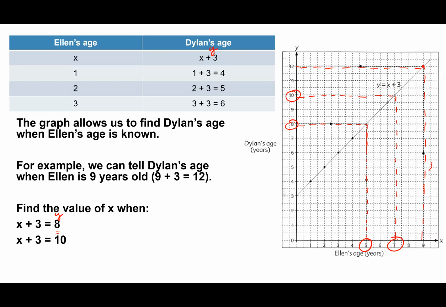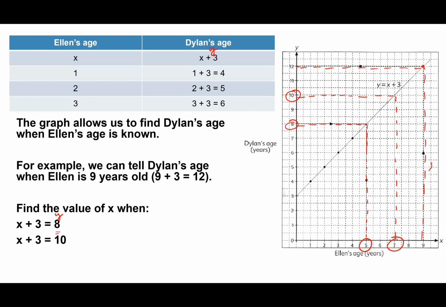And what I would like you to do is, I want you to use your graph paper today. Let's see where we can do that. I'm going to have you guys go ahead and you've got 1 through 5 on both the x and y coordinates on your graph paper, right?